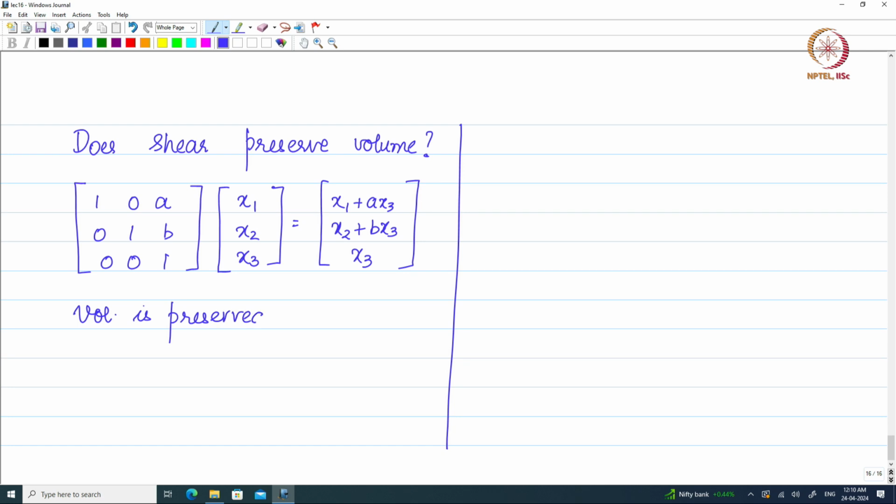As I said before, you will see that the shear operation does not change the base or the height.